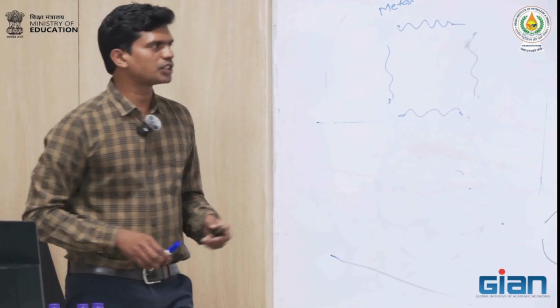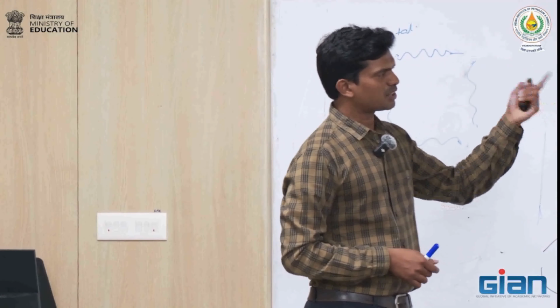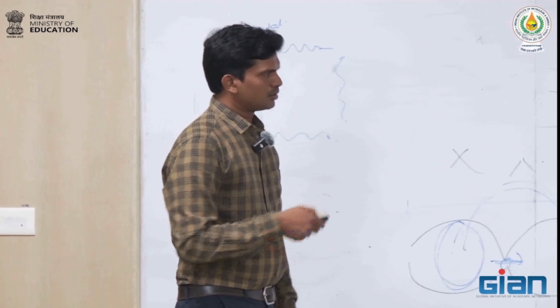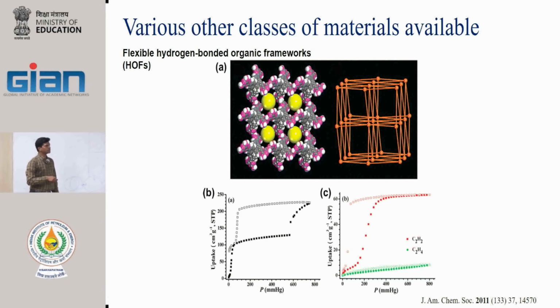These materials are showing very good performance for gas separation. You can see even molecules of similar size, C2H2 and C2H4, it is only absorbing C2H2 but not C2H4, although both have similar size. So these are the new generation materials that are coming up now.